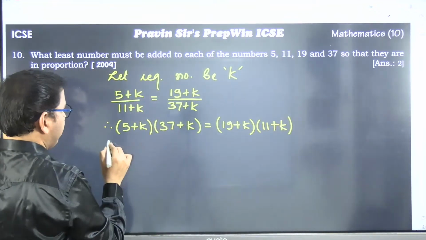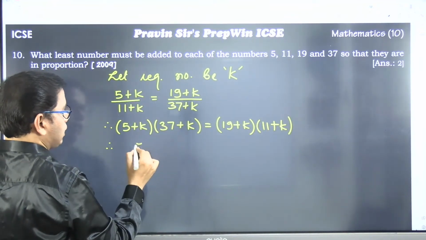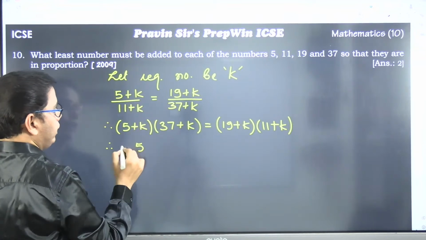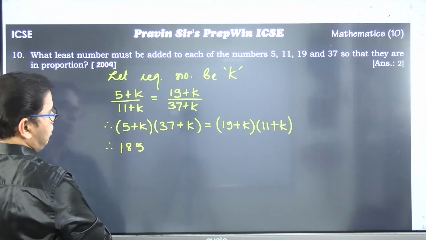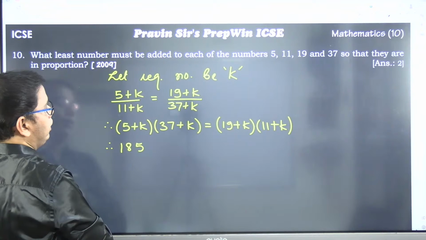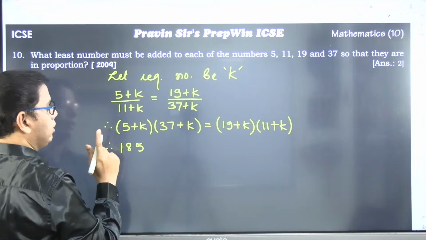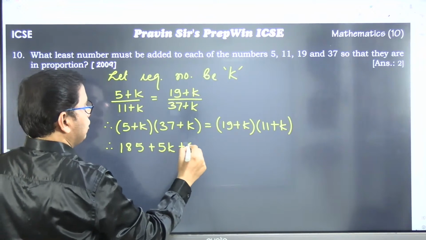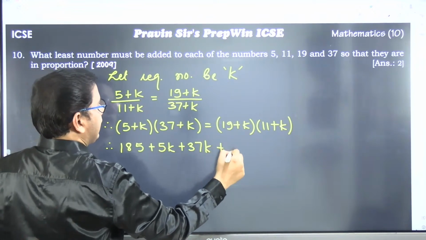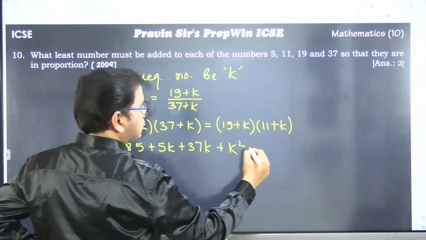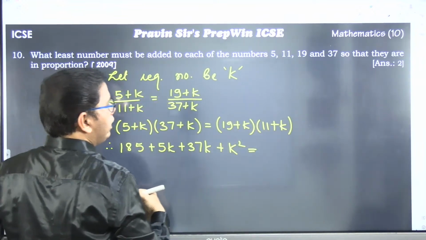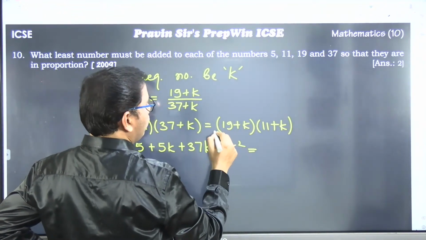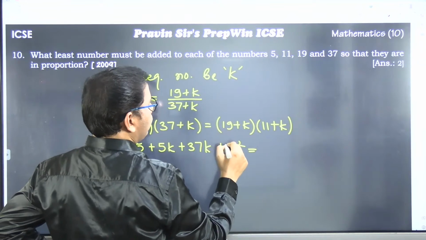Open the bracket. 5 into 37. How much? 5 into 7 is 35, 15 and 3, 18. Is it 185? 30 into 5 is 150 and 35, 185. Plus 5k plus 37k plus k square. Right? K square is going to cancel. 19 into 11.